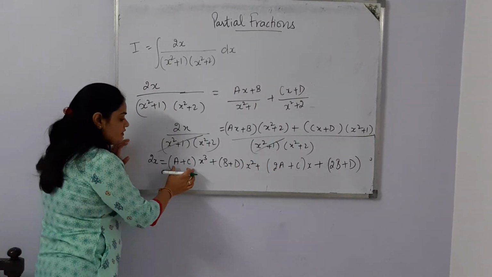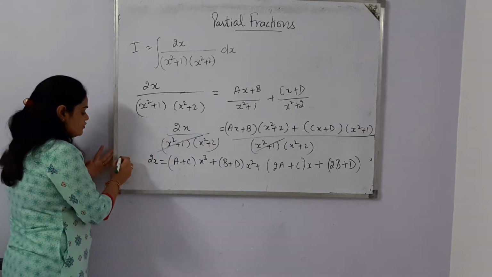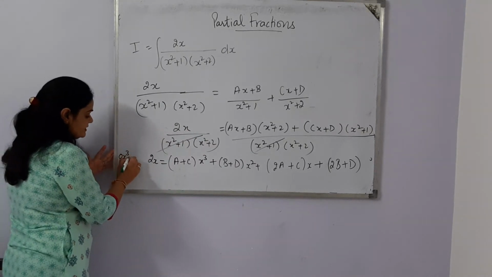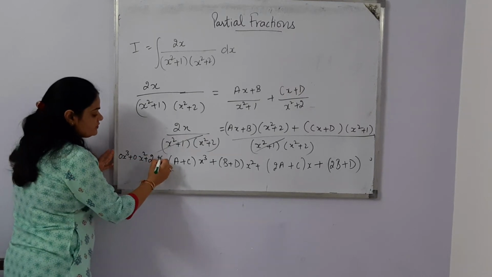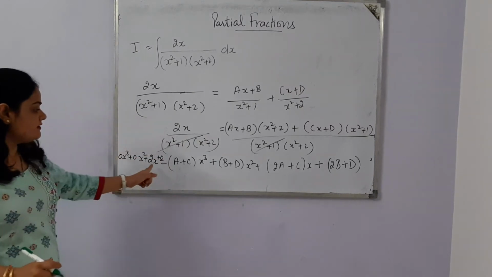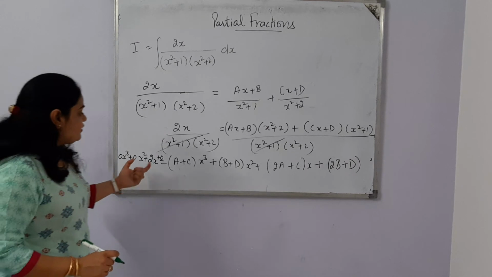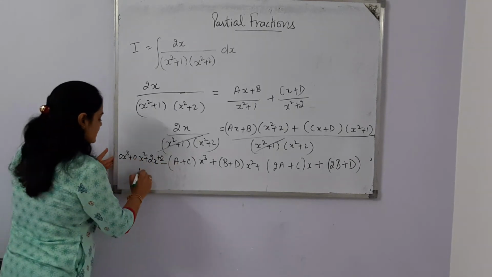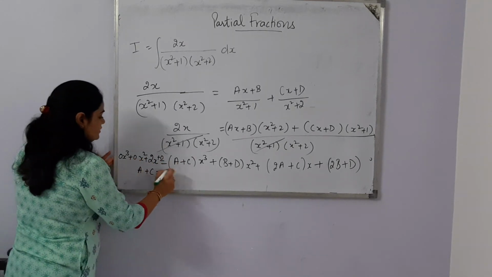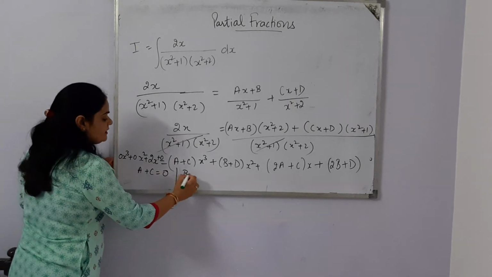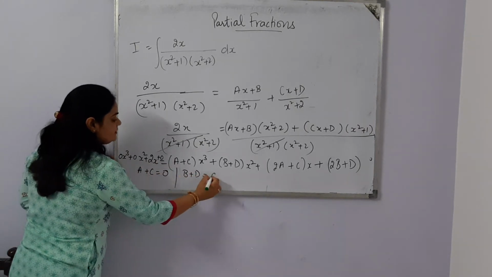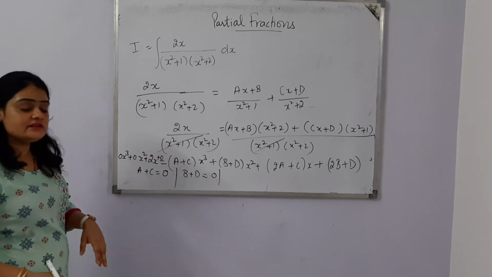Now you are watching that the x cube term is not here, so we'll write 0x cube plus 0x square plus 2x, and the constant is not here, so it is plus 0, but we are writing it. Now we'll compare the coefficients. a plus c equals 0, because the x cube coefficient is a plus c, and here it is 0. Another one is b plus d, which is again 0 because the x square coefficient is 0.